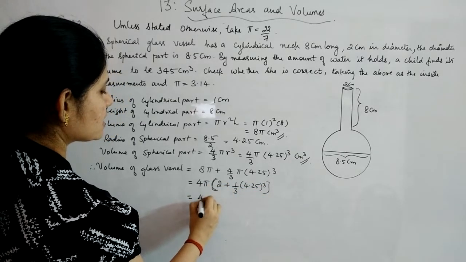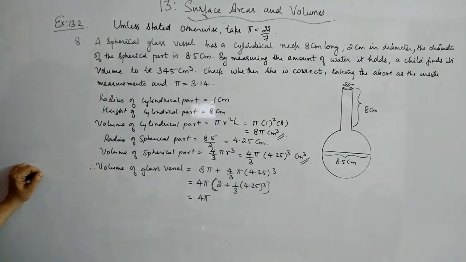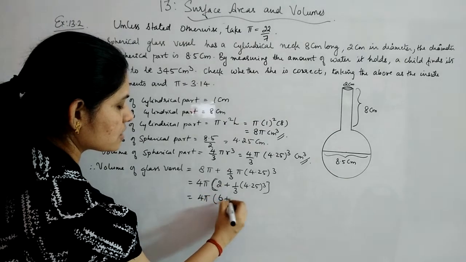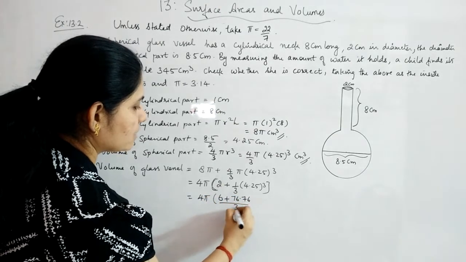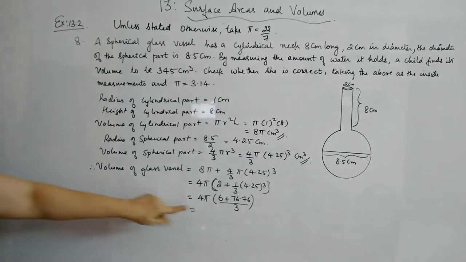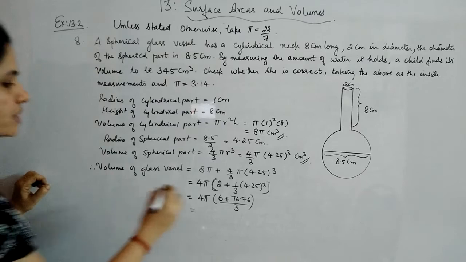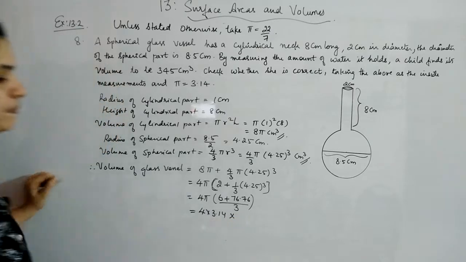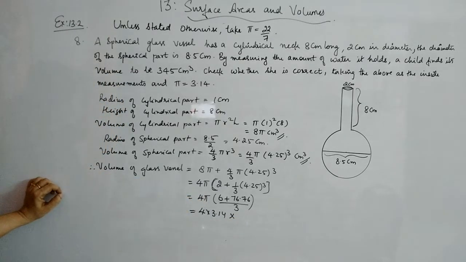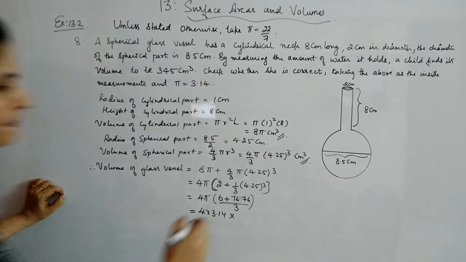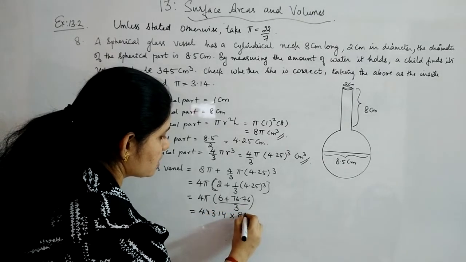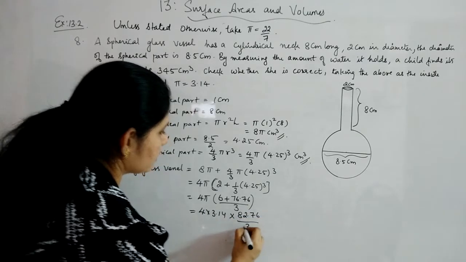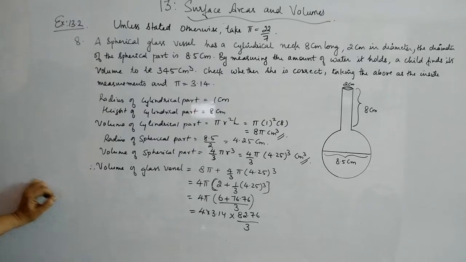Now after taking LCM and finding out the value of 4.25 the whole cube, you will get it to be 76.76, and after taking LCM this will become 6 plus 76.76 by 3, which is equal to, again you can use the value of pi as 3.14 as given in the question, so 4 into 3.14 into the addition of these two, which will give you 82.76 by 3.